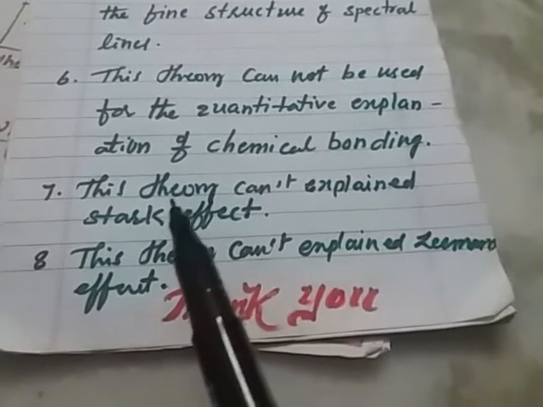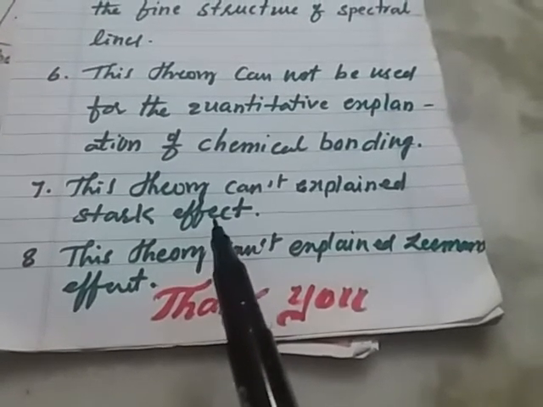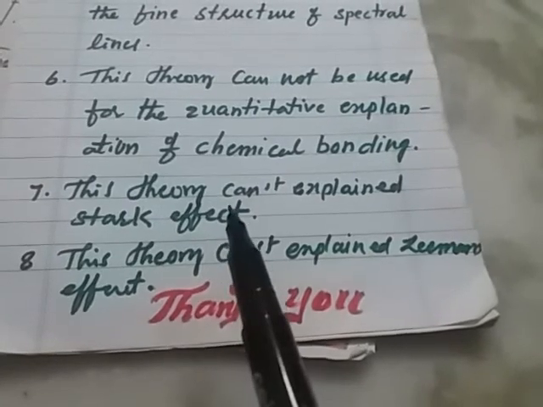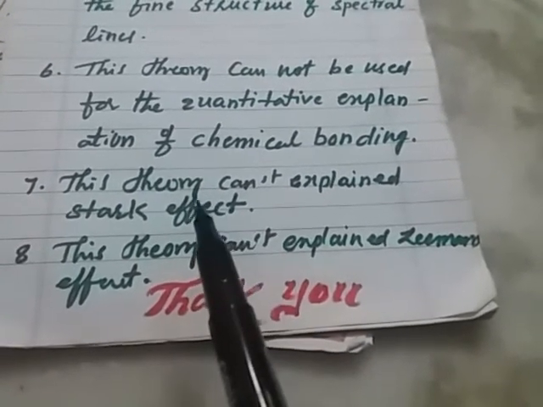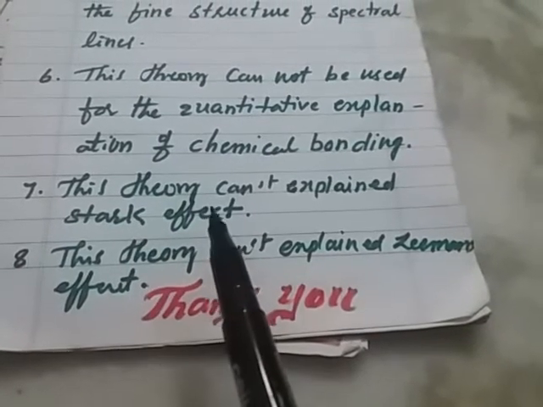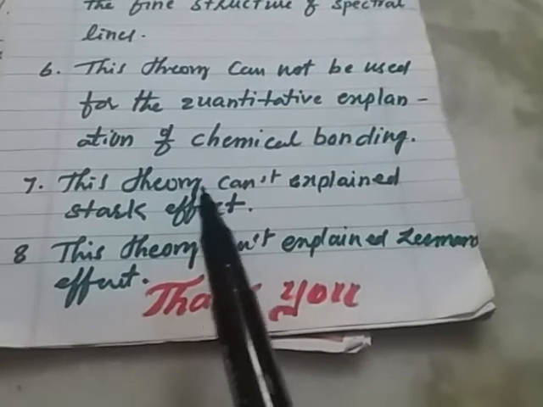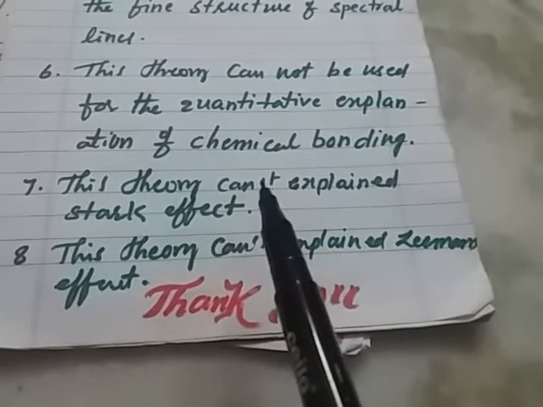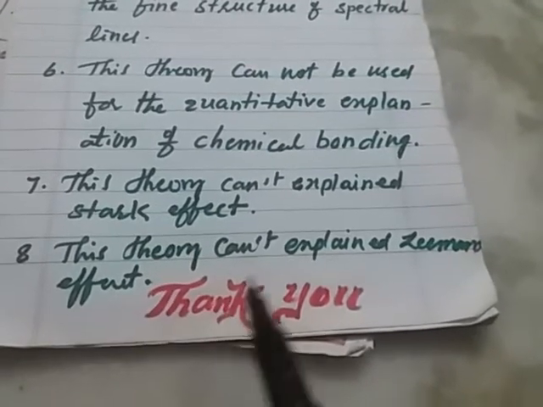Due to that magnetic field, the spectral lines will be split. How these spectral lines are split by the magnetic field is not explained by the Bohr atomic model. That's why the splitting of spectral lines in an external magnetic field is called the Stark effect.